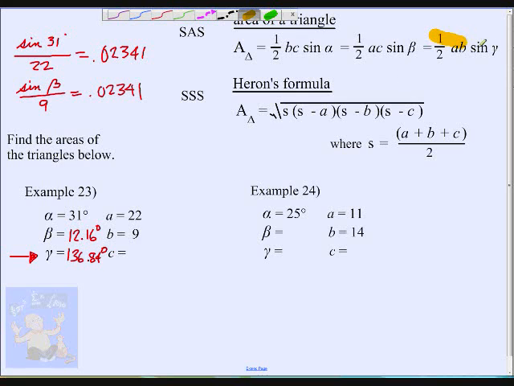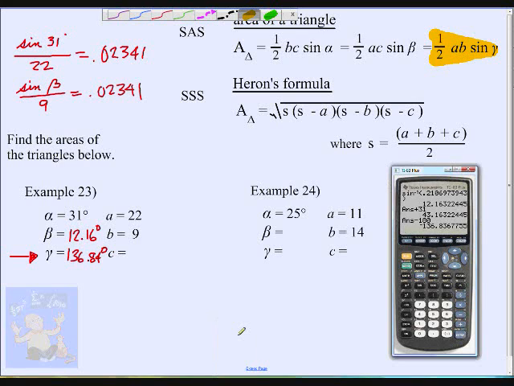So this is the one I'm going to use. I'm going to find the sine of 136.836 degrees.